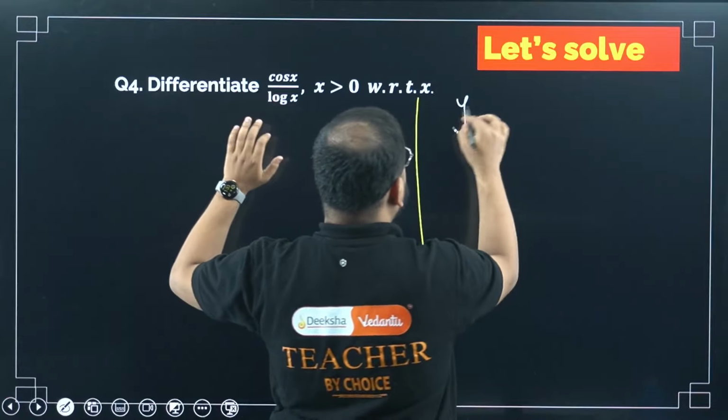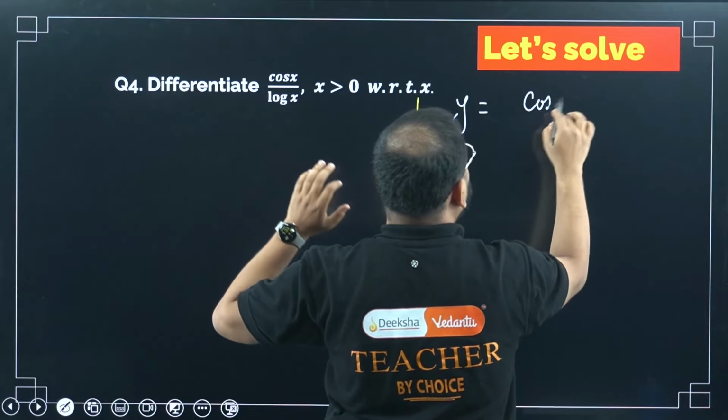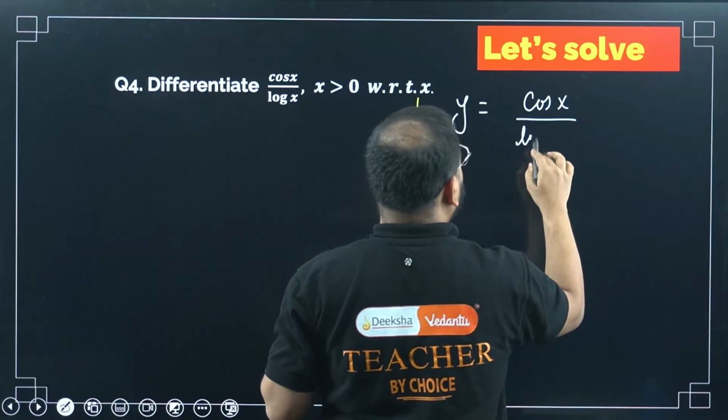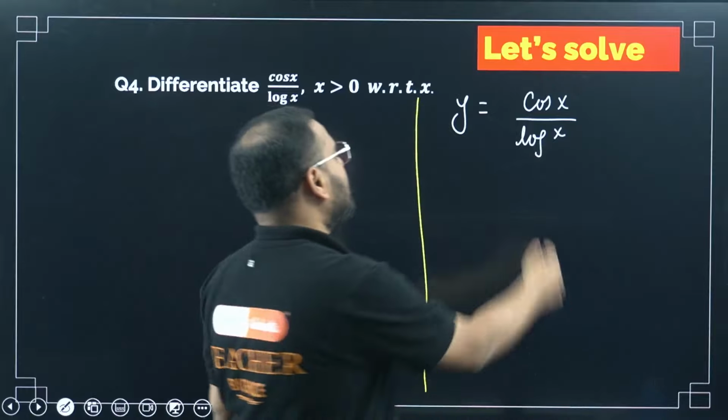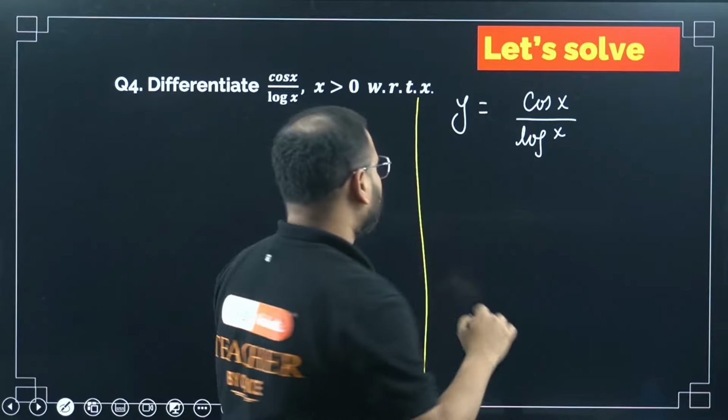So first write y equals cos x upon log x. How will the quotient rule look? Do you remember?